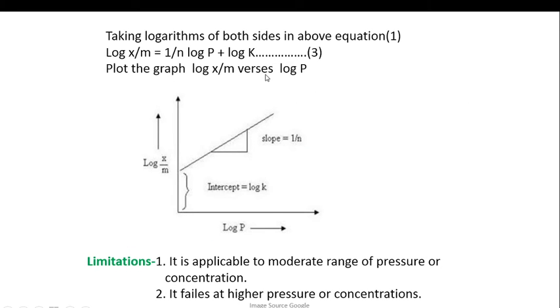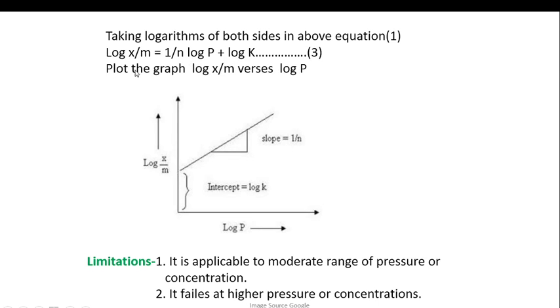Taking the log of both sides in equation 1, log(x/m) = (1/n) log P + log k. This is equation number 3. It is similar to y = mx + c.